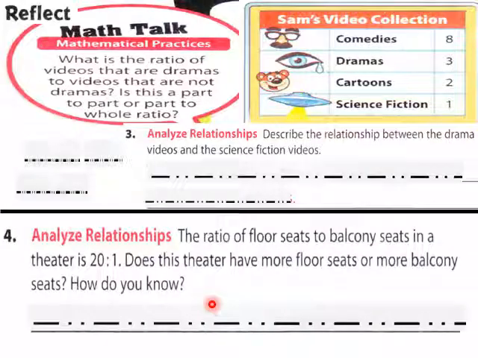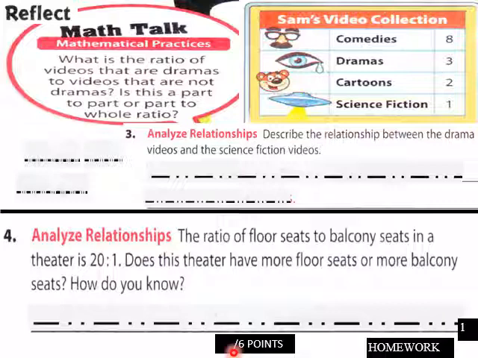Now we go into our homework here, and we have page 1 of the homework. 6 points for here. We have a table here. Describe the relationship between the drama videos and the science fiction videos. We're still on Sam's video collection here. What is the ratio of videos that are dramas to videos that are not dramas?